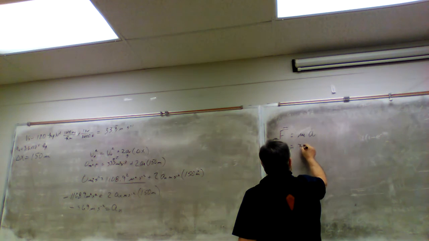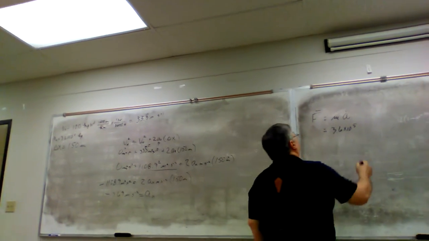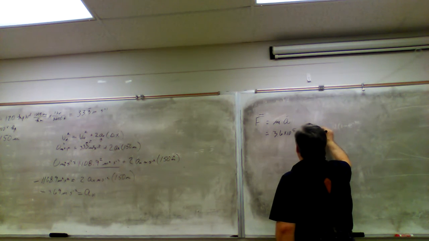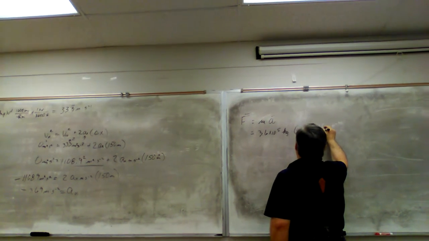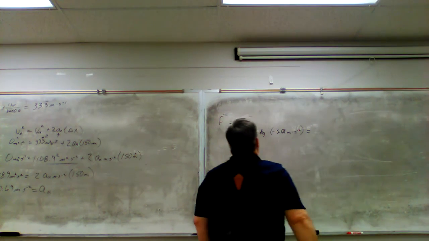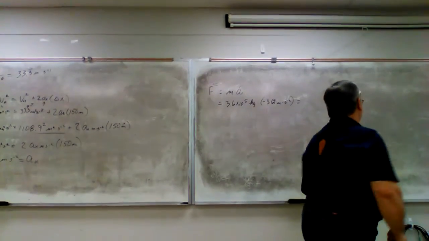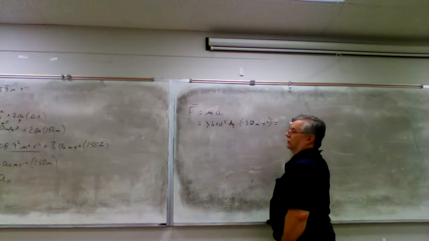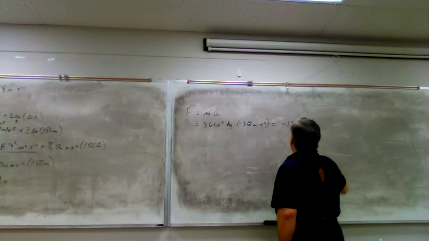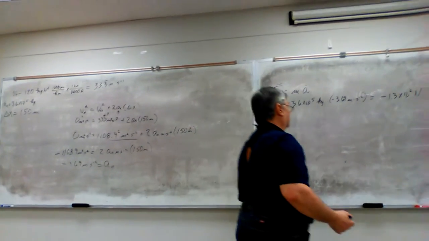It's 3.6 times 10 to the 5 kilograms times minus 3.69 meters per second squared, which gives us 1.3 times 10 to the 6 newtons. That is the first answer they're looking for.